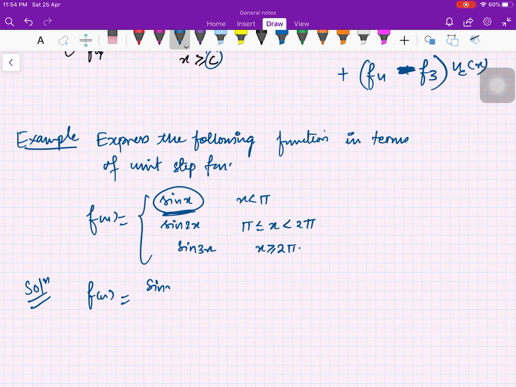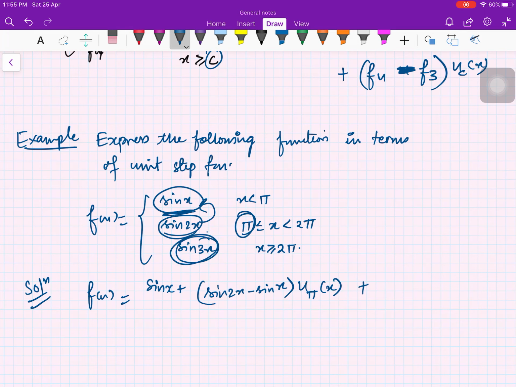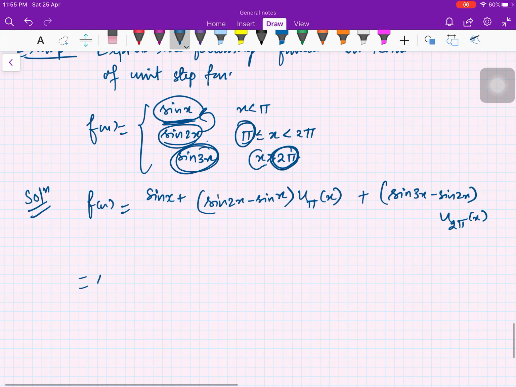You can just write f(x) as, I told you, f1(x) plus [f2(x) minus f1(x)], that is sin 2x minus sin x, into the unit step function at pi, plus [f3 minus f2], that is sin 3x minus sin 2x, into the unit step function at the next point, that is 2 pi.